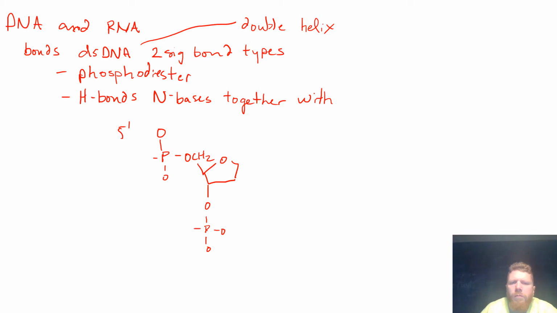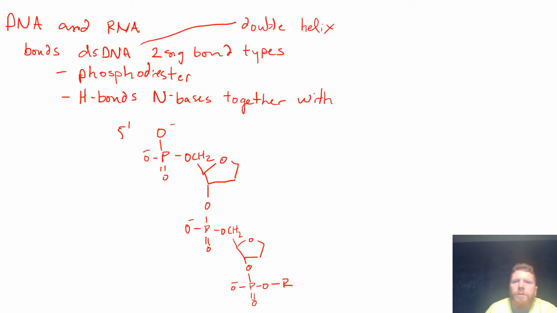Let me go ahead and complete these. Negative, negative, we're going to have that there, and then CH2. Again, the sugar molecule. O, P, O. I'm just going to put an R group there.